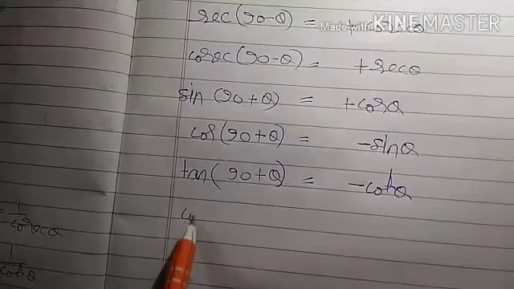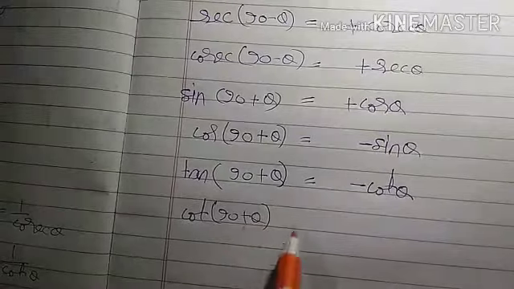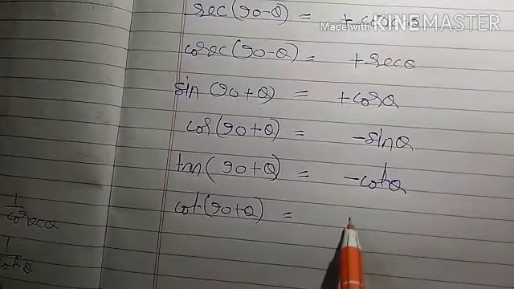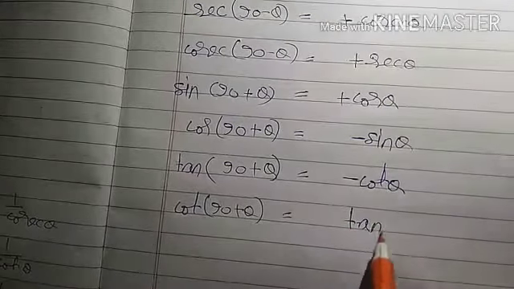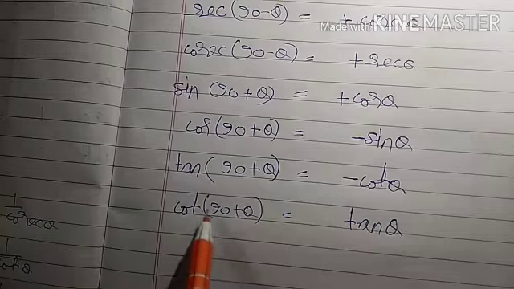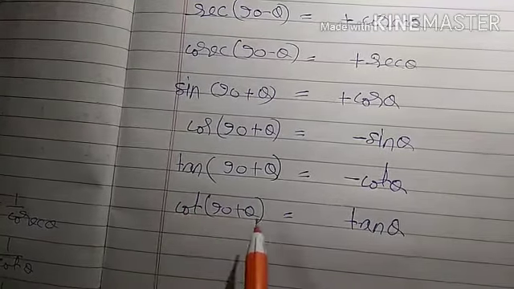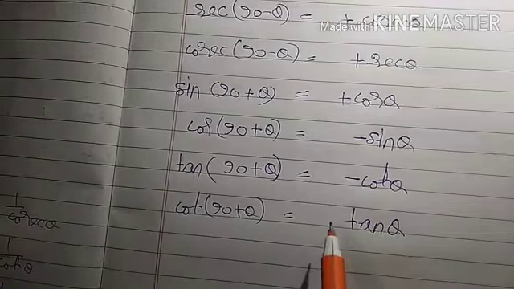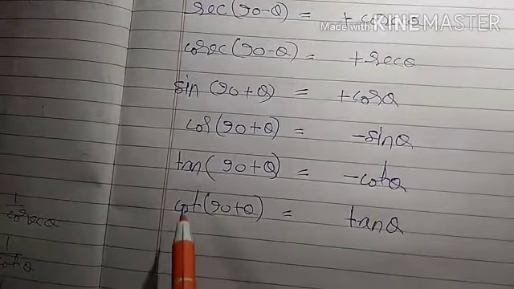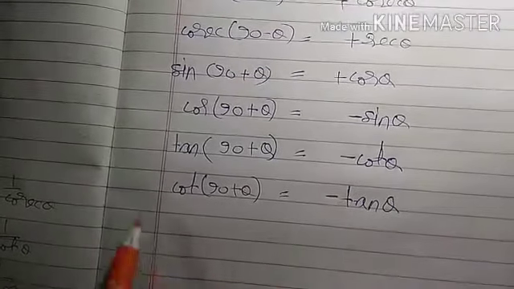Next, cot(90 plus theta): the function changes, cot theta changes to tan theta, and 90 plus theta is in the second quadrant, where only sin theta and cosec theta are positive and the other functions are negative, so cot theta is negative, so minus tan theta.